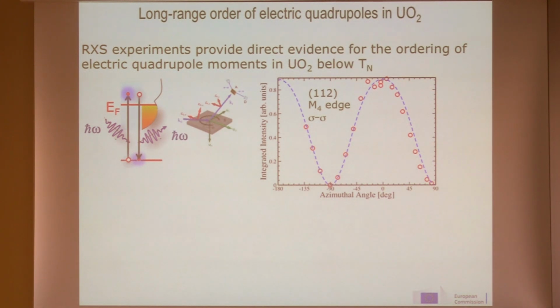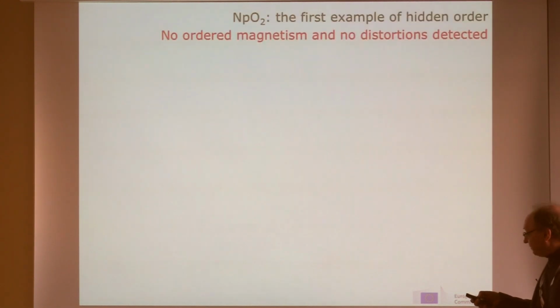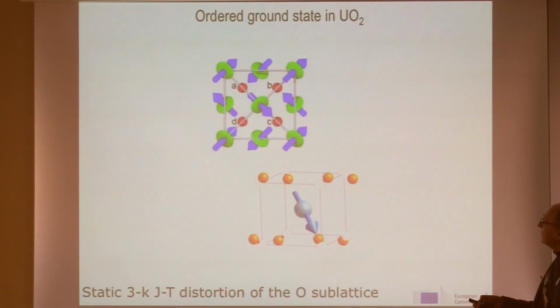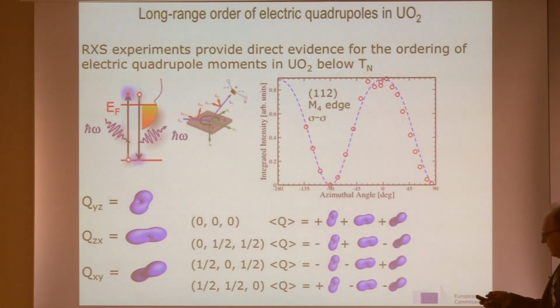A third quantity that changes in a different way and is related to the motif of the order is the modulation of the intensity in a given Bragg peak when you rotate the sample about the scattering vector.